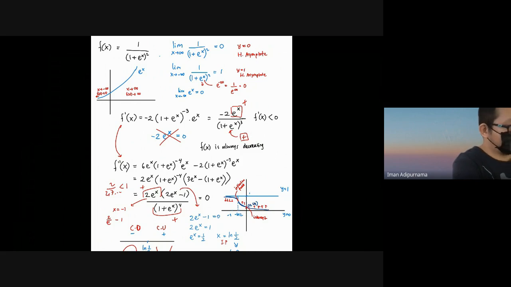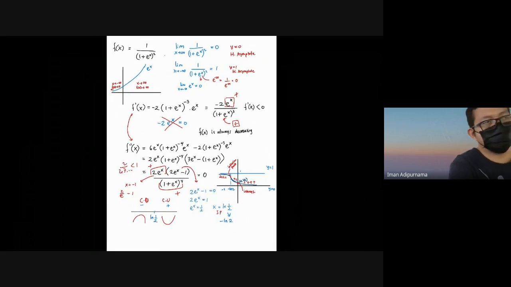Okay, we can take one more example, and maybe later tonight I will give you some more practice, maybe like 6 to 8 functions that you need to draw. I think that should be okay because in chapter 4 we still have indeterminate forms, the L'Hopital rule, the optimizations, also Newton's method.